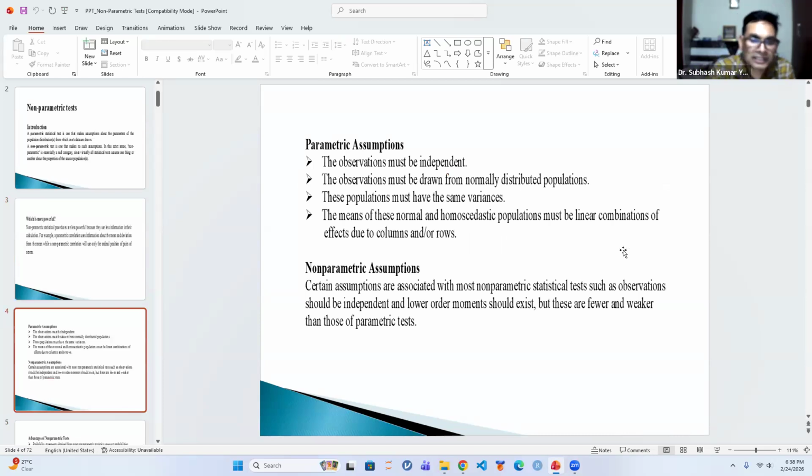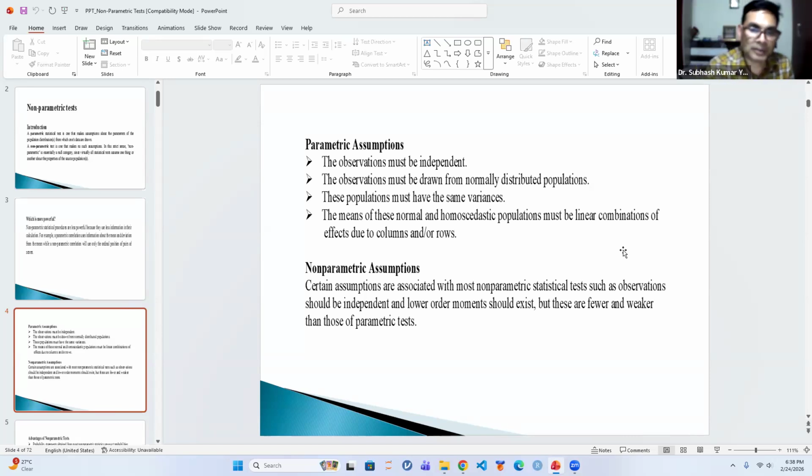So these are some assumptions regarding the parametric test, and very weaker and fewer assumptions are for the non-parametric test in comparison to parametric test. The above are the assumptions for the parametric test. The observations must be independent, that is, the sample should be random, and the observations must be drawn from normally distributed populations.